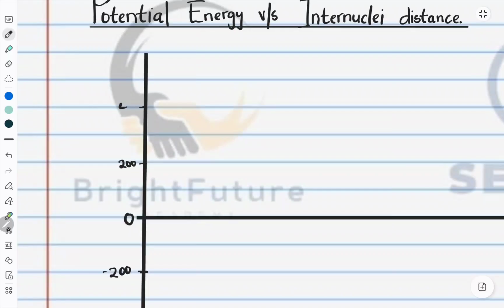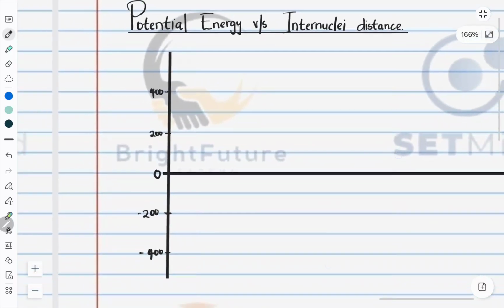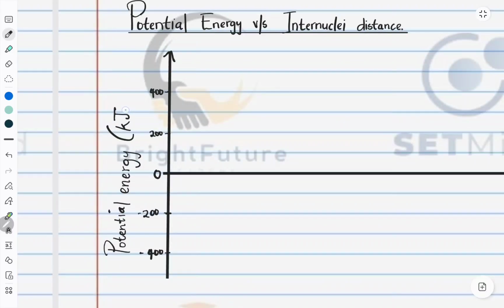We're just labeling our graph, okay? Now, this is the y-axis of the graph. We call it our potential energy, the potential energy of these two atoms. So we're plotting that against the distance between the nucleus of one atom relative to the nucleus of the second atom. This potential energy is measured in kilojoules per mole.